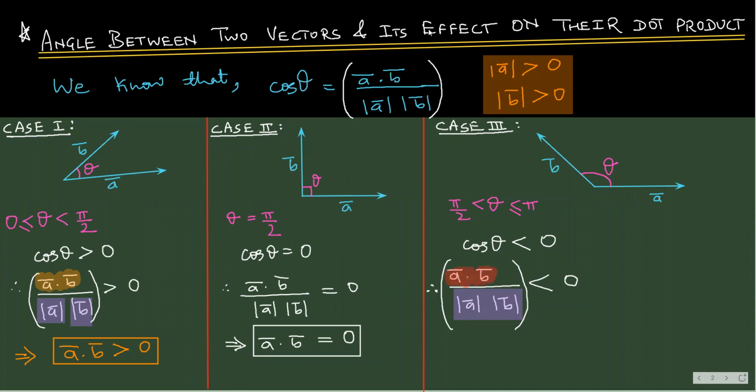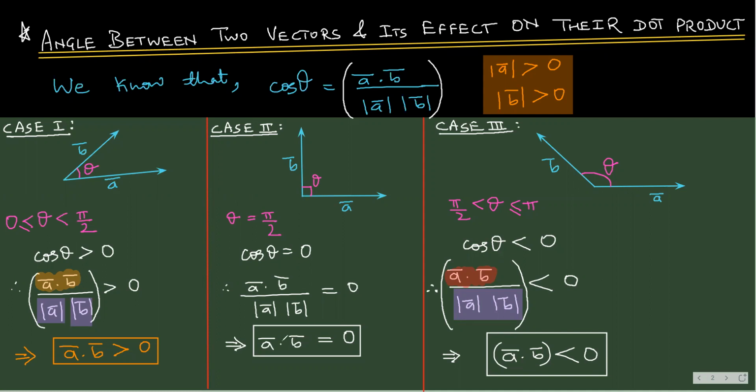So what do I conclude here? I conclude that this implies a bar dot b bar is less than 0. So this is the third conclusion. When the angle between the two vectors is greater than 90 degrees, lesser than 180 degrees, then the dot product of two vectors is always negative.